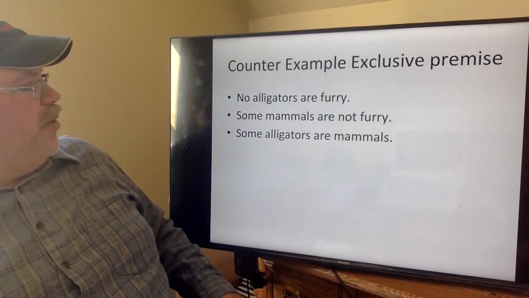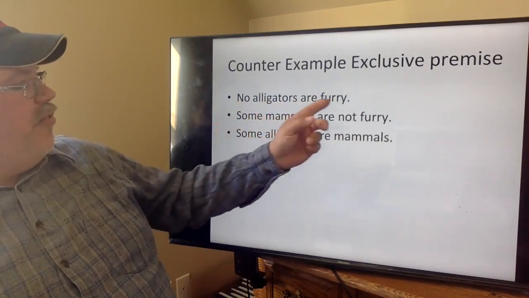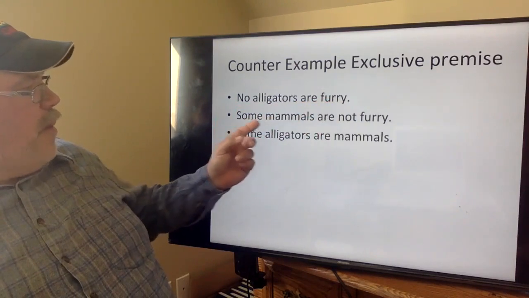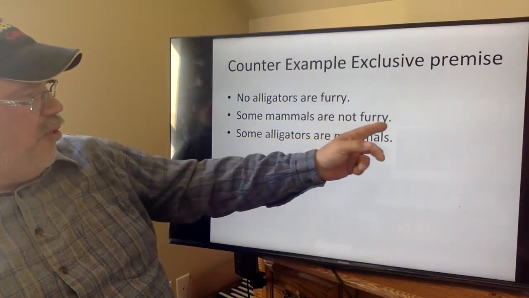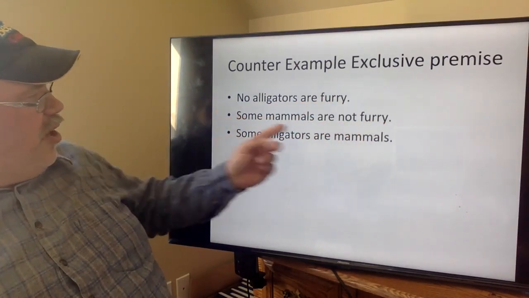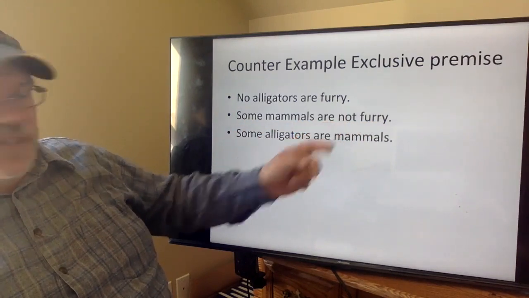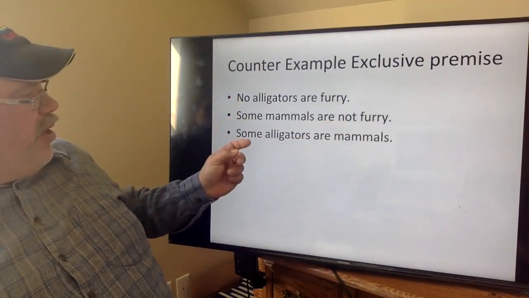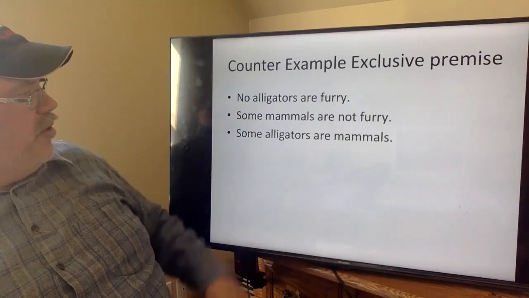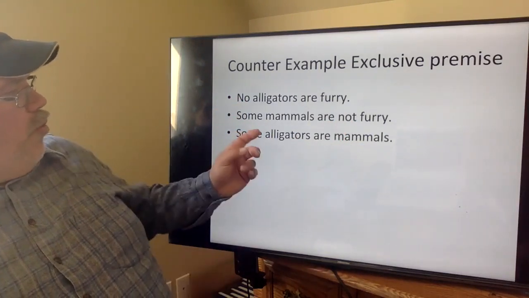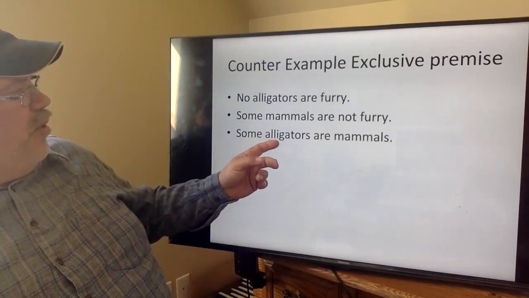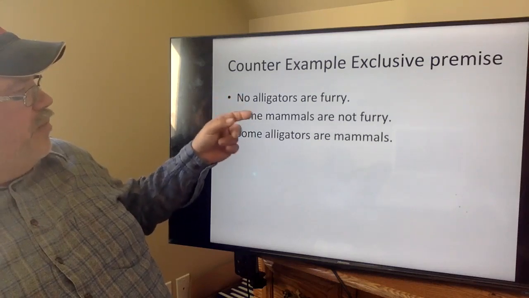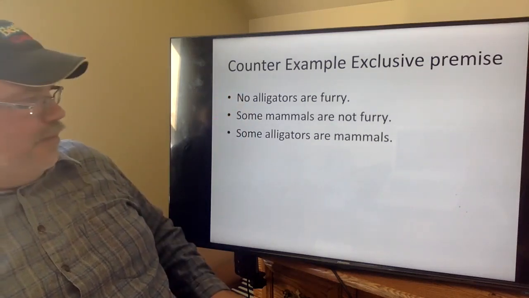Another counterexample: no alligators are furry, some mammals are not furry. Notice that the not is in the middle here, but it's still a negative statement. And then we're going, some alligators are mammals. So this example has that double negative that makes it invalid.